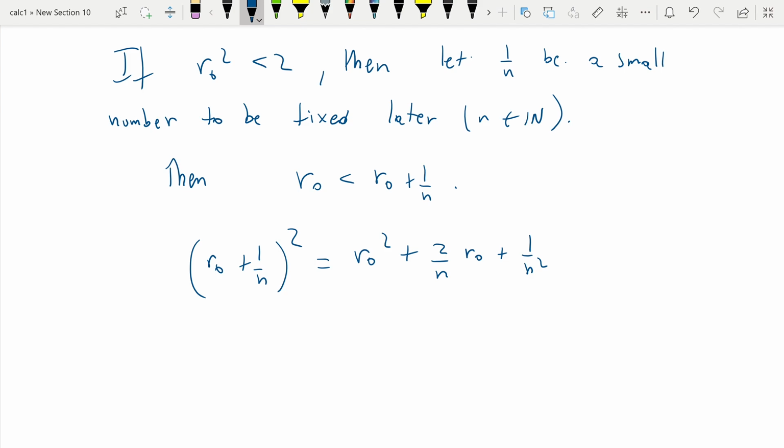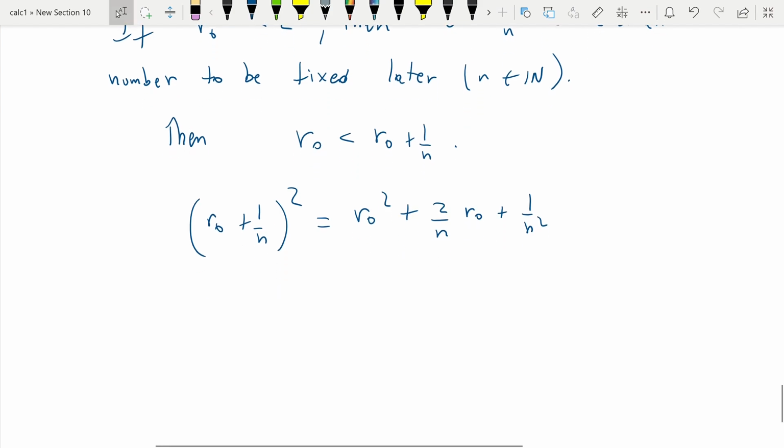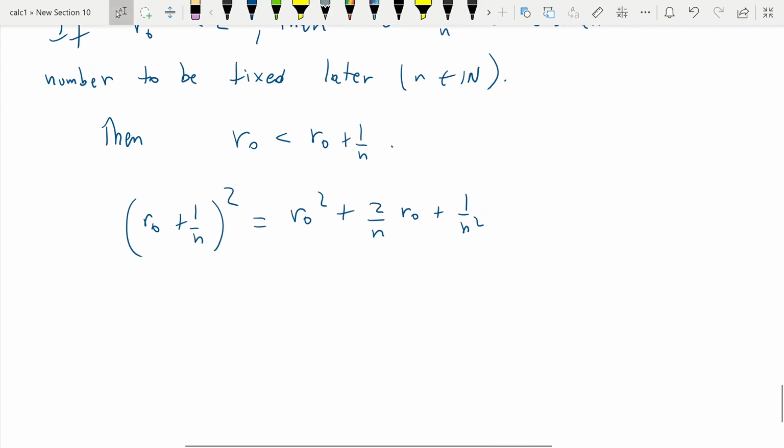This is r naught squared plus 2 r naught over n plus 1 over n squared. So this number can be smaller than 2.